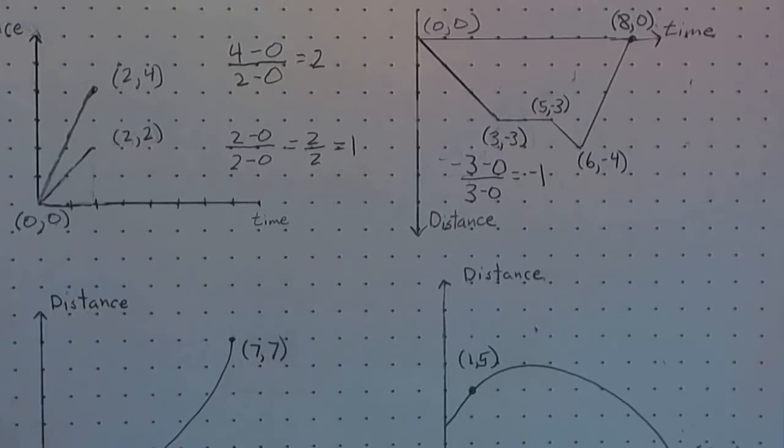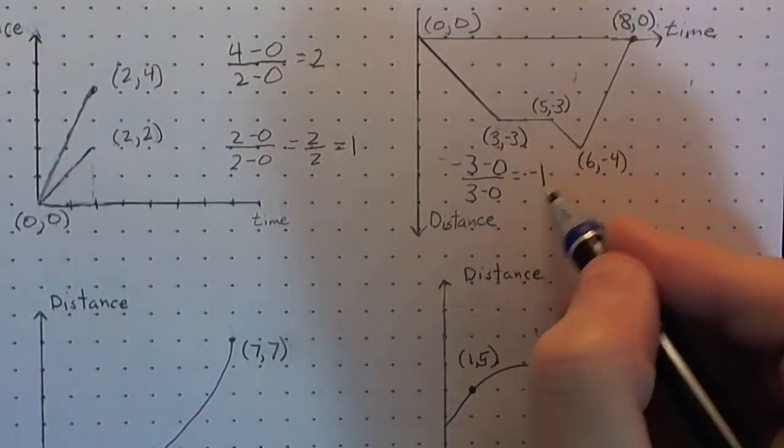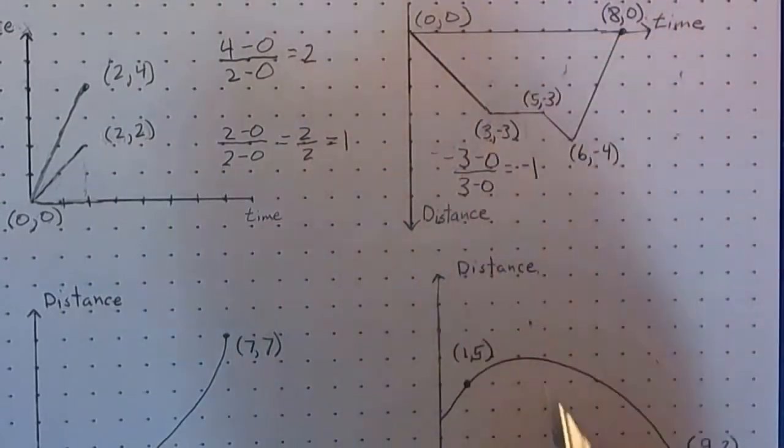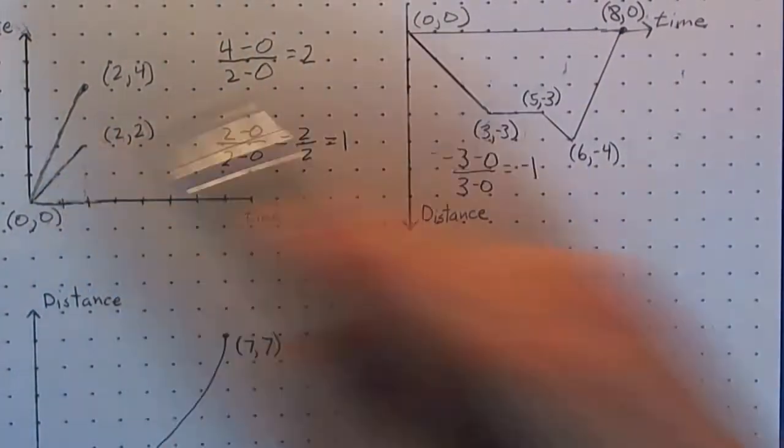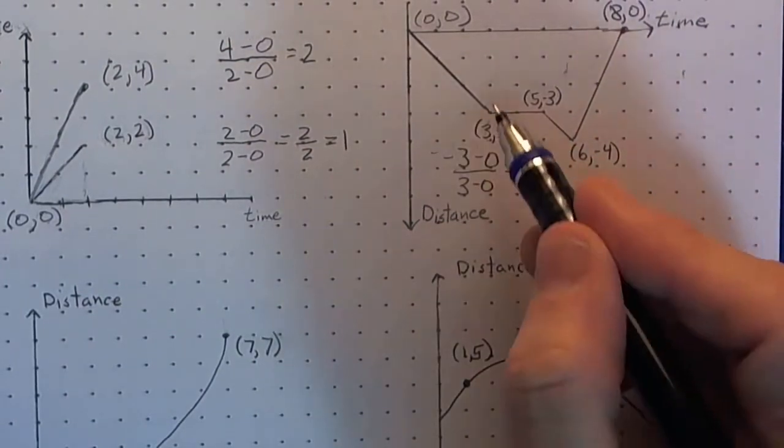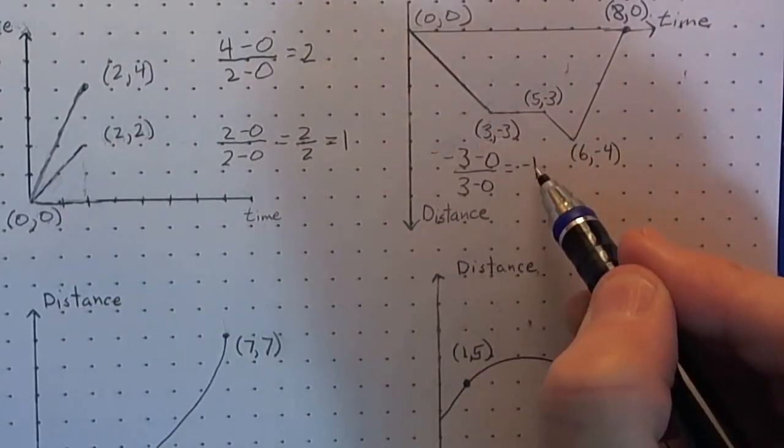Then if you kick it in reverse and you're going backwards, your speed might be the same, but you're going the opposite direction. So this negative 1 indicates a direction. The steepness is the same. This is 1. This is negative 1. So here it looks like we're going in a different direction.